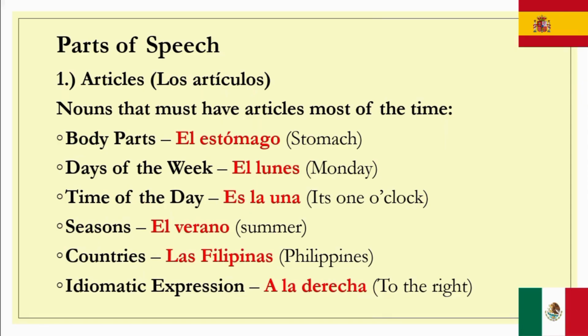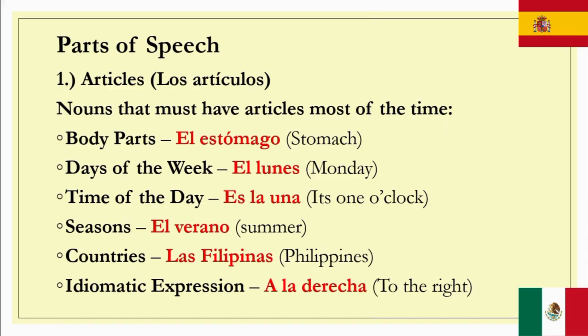These are also nouns that must have articles most of the time. Just remember this rule. Body parts, for example stomach: you don't use a possessive, but you always use its article. For example, you want to say my stomach. You don't say mi estómago, but el estómago. Days of the week: el lunes, or Monday. Time of the day, it's 1 o'clock: es la una.